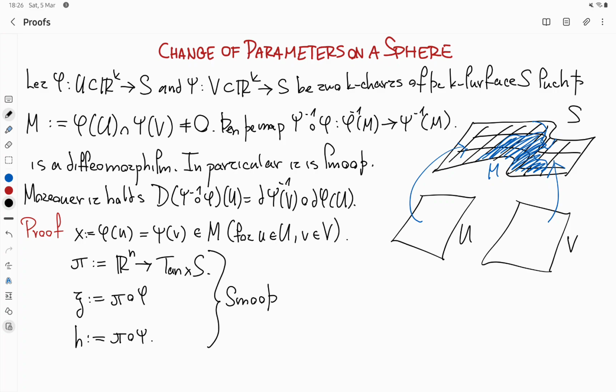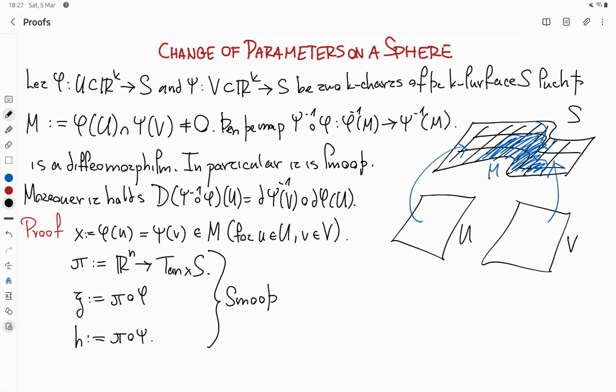Pi is smooth because it is a projection, that's obvious. Now g is smooth because phi is a smooth map, and it is composed with another smooth map, and likewise for h. So all of these are smooth maps, which will prove handy in a second.